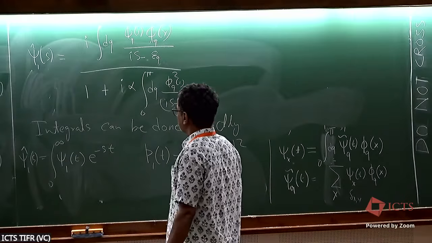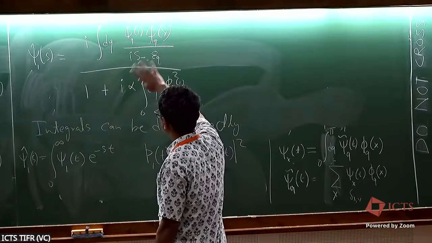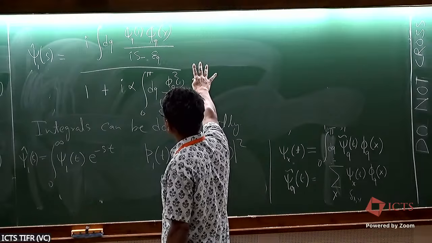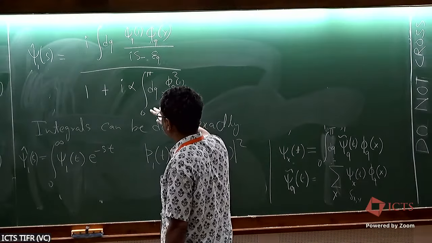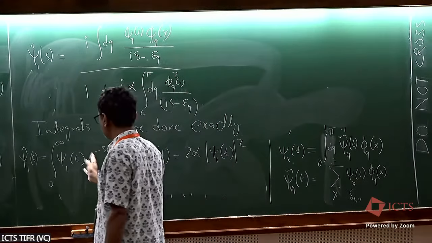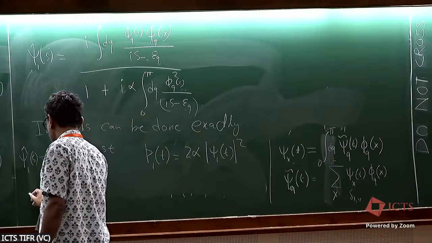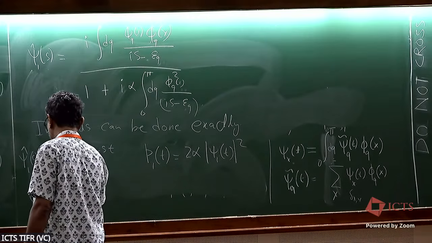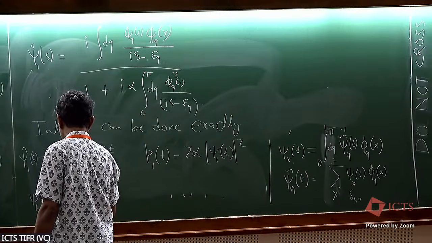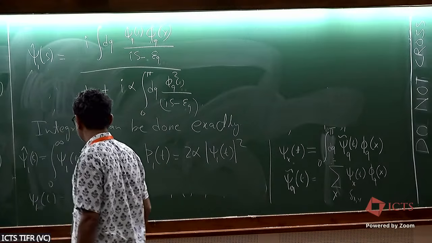Okay, so first of all we can find this explicitly, and then we can also do the inverse Laplace transform. So psi 1(t) is some contour integral, e to the power s t.